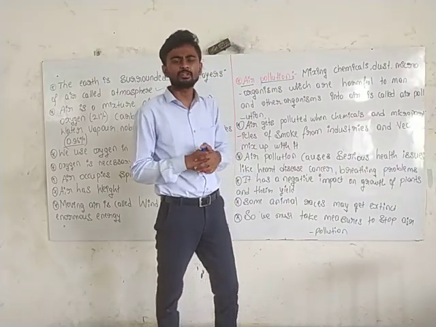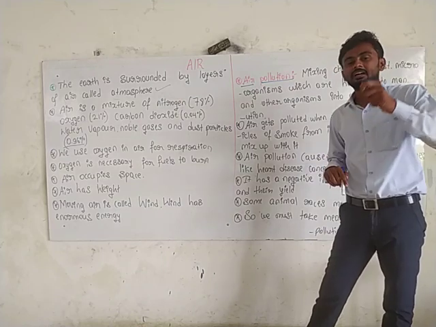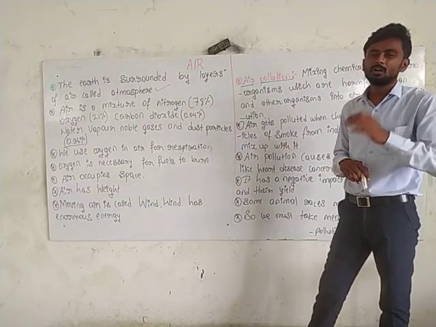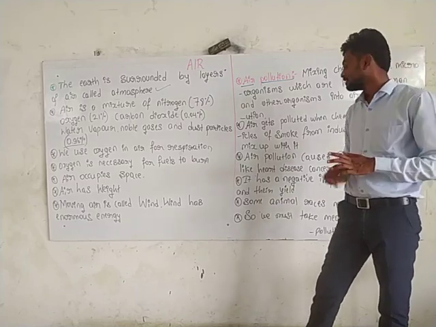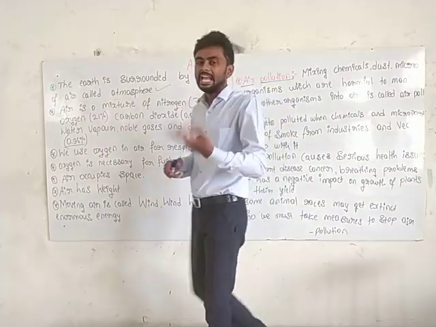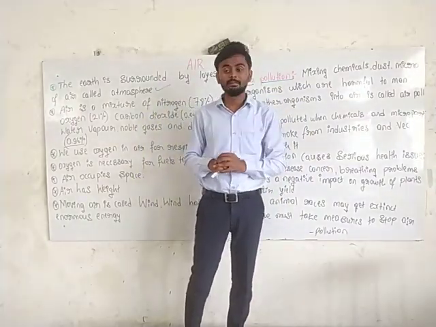with the good air. That time the air becomes dirty. So it is very effective to all types of living organisms, and also it is very effective to the living system. Human beings and all types of animals are suffering from so many diseases. So air pollution is very effective to the earth system and also the living system.